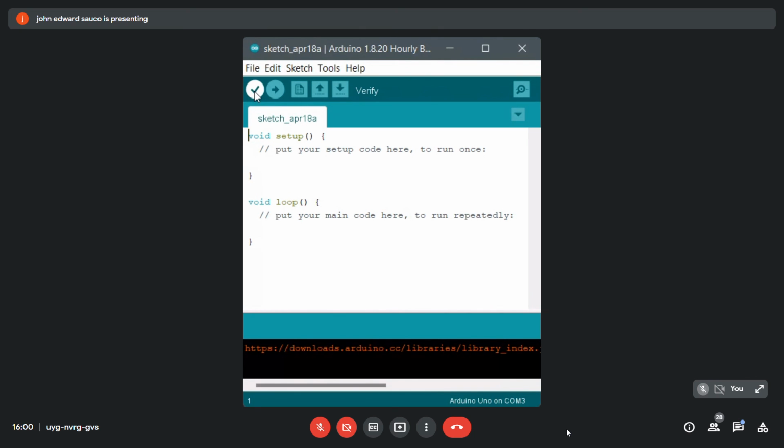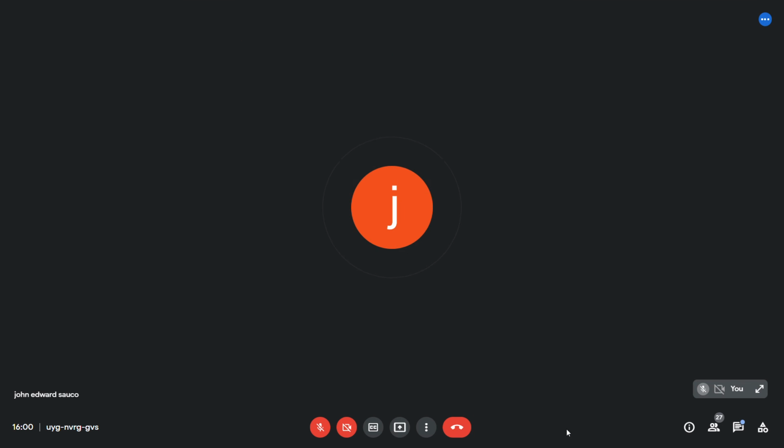Then, pwede nyo i-verify kung may error ang inyong program bago nyo siya i-upload. So, yung ibang button is new, open, and save. So, pwede kayo mag-open ng sketch, save ng sketch. So, yan ang itsura ng software ng ating Arduino.